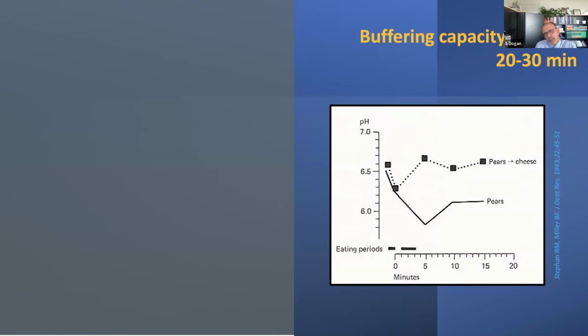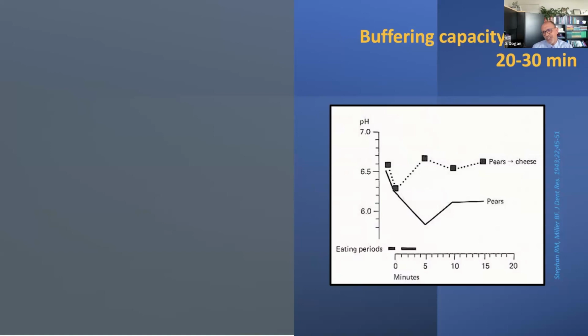How soon does the saliva buffer the acidity? And then they found out 20-30 minutes will be enough for the saliva to get back to the normal pH levels that we have in healthy saliva, healthy oral flora, and healthy teeth at the end of the day.